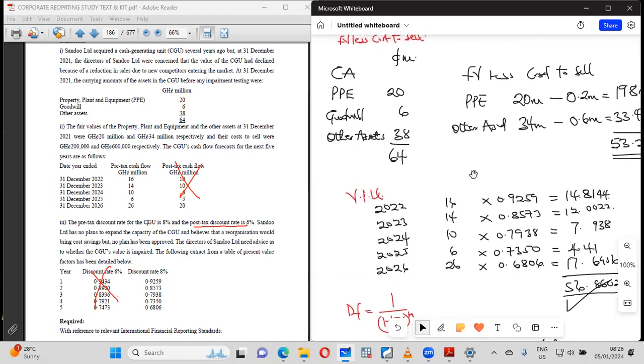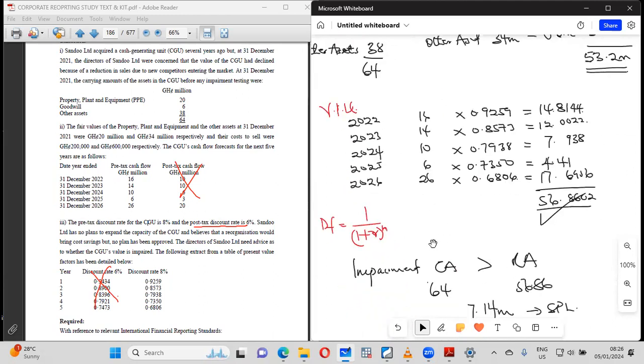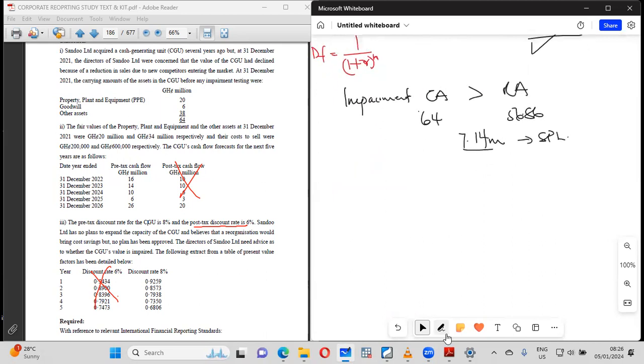I think this question is a little tricky, because we don't have any specific asset in this one, like a specific asset that was first attacked by the impairment loss. We don't have. So specific asset is 0, but we have goodwill, and the goodwill had 6, right?